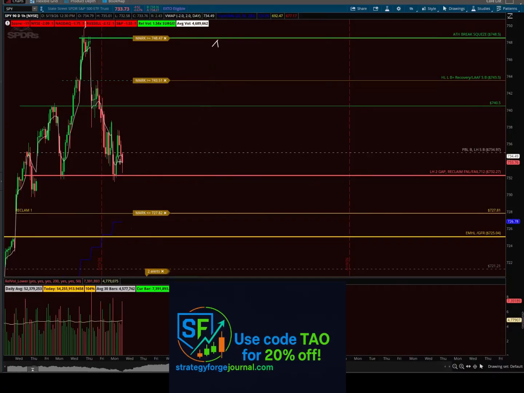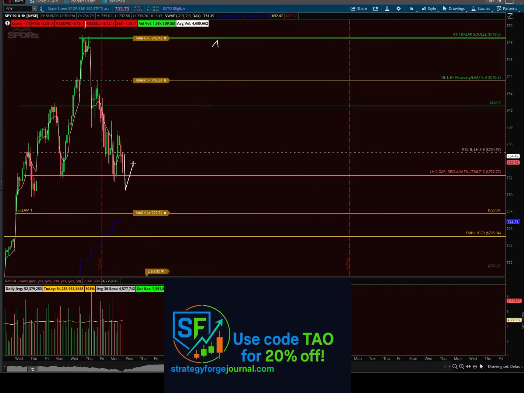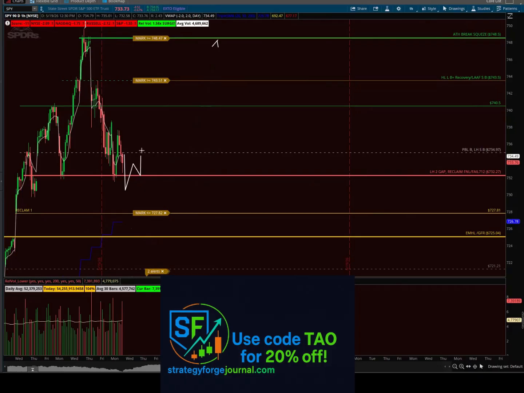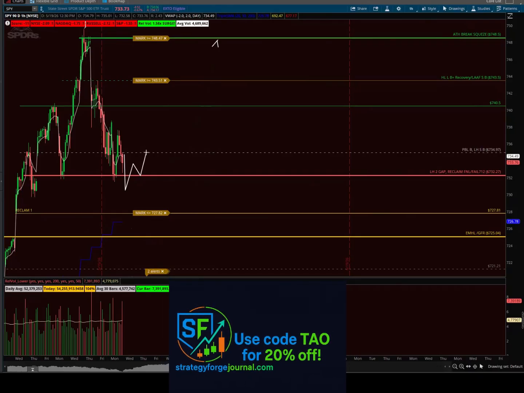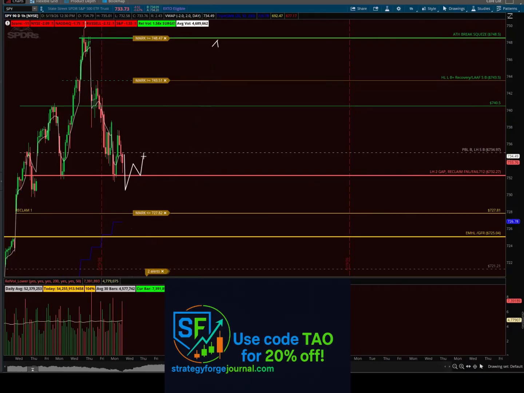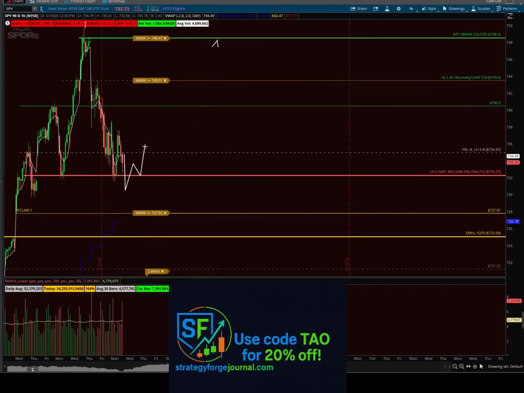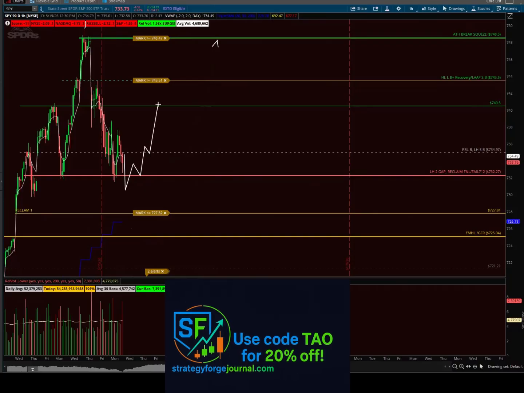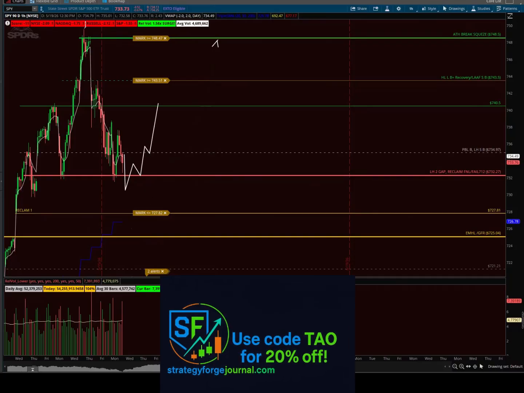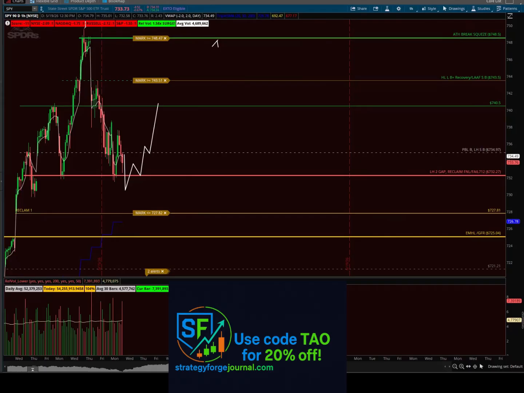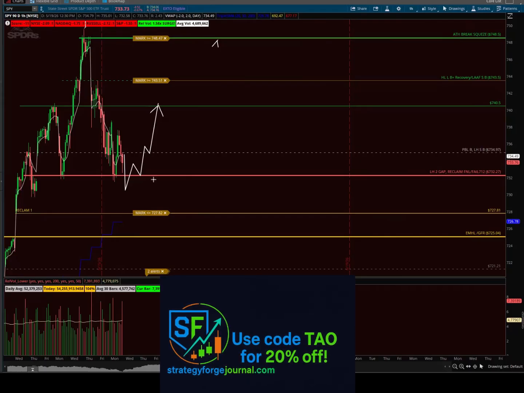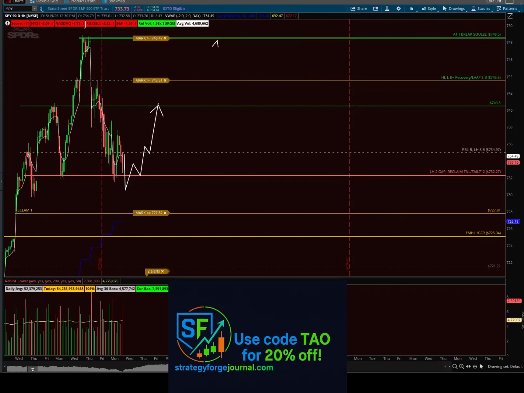Alternatively, what if we get this just to look below the level, come back in, higher low above? I would get long on that. My first target being 735, then 740.5. If that happens, 740.5 is a pretty key level.